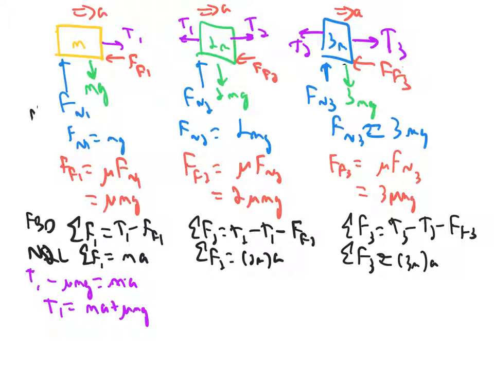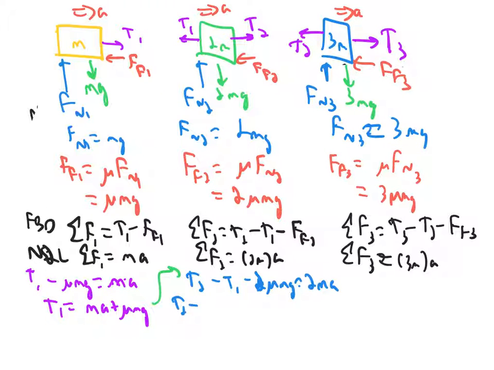We put that into this equation, and we get T2 minus T1 minus 2 mu mg equals 2ma.